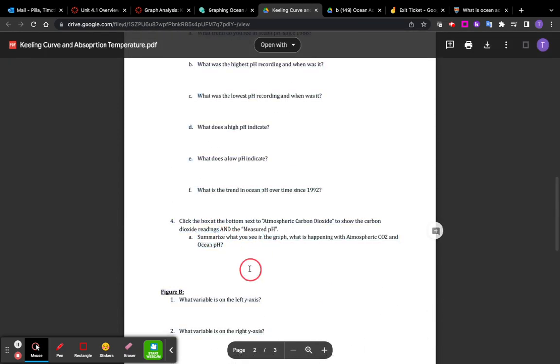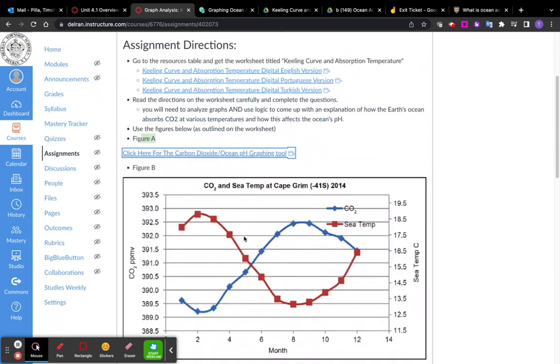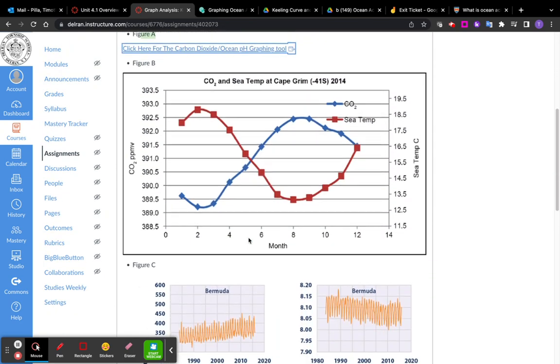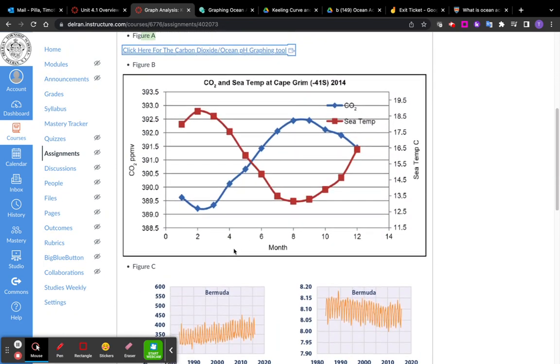Here, that's that question. Now, B is talking about this graph right here. Again, we have a double graph. Two different pieces of data are plotted on the same graph. Over here, we see the CO2. Over here, we see sea temperature, and they have a key to show us which one is which. Do one at a time. What's happening over the months, 0 to 14? Well, there's not 14 months in a year, but I think they put 14 there just so that this wasn't on the line here.